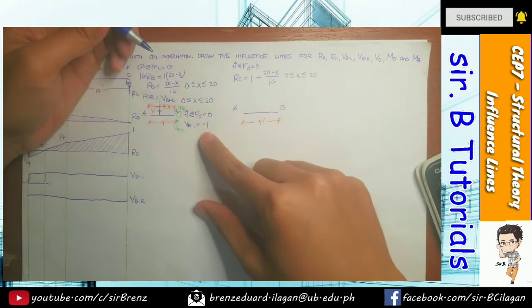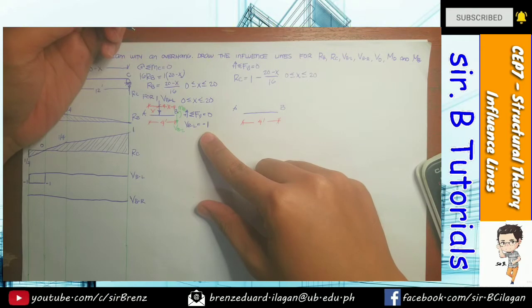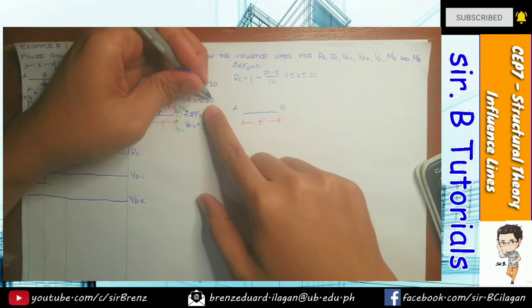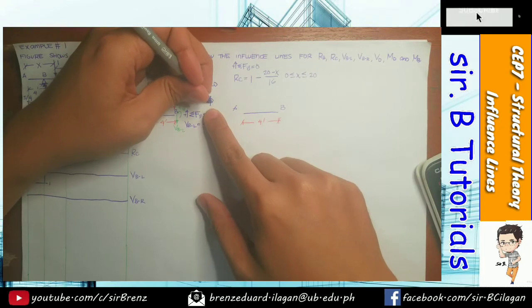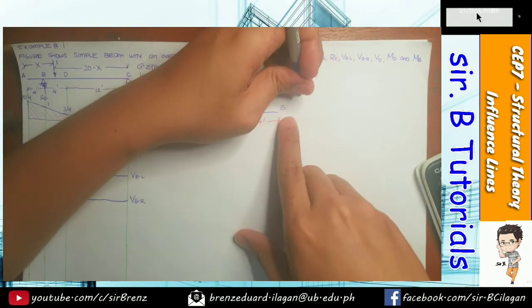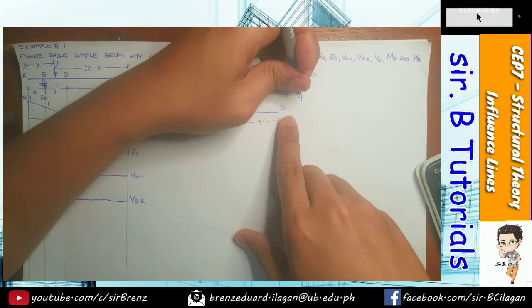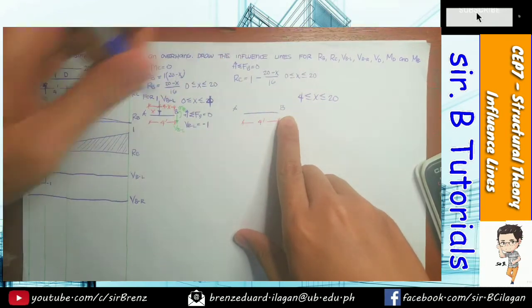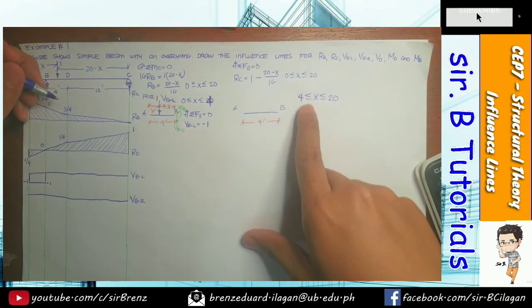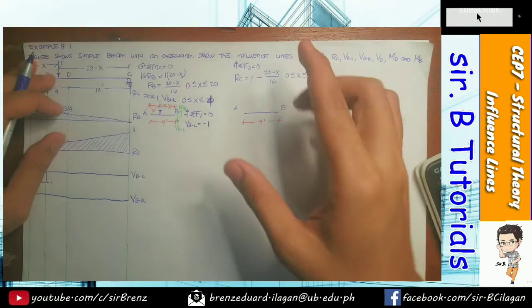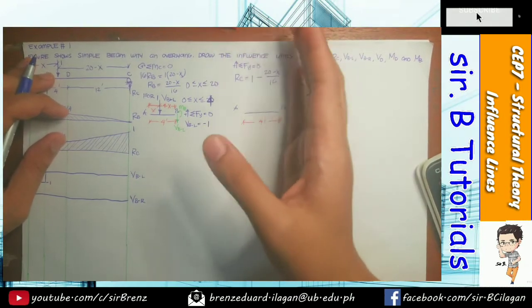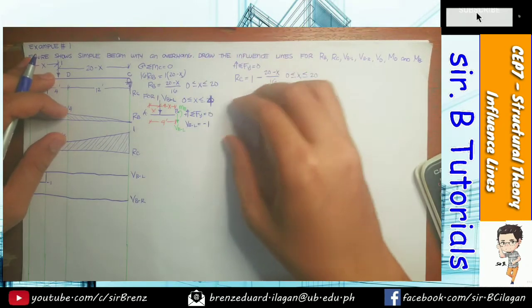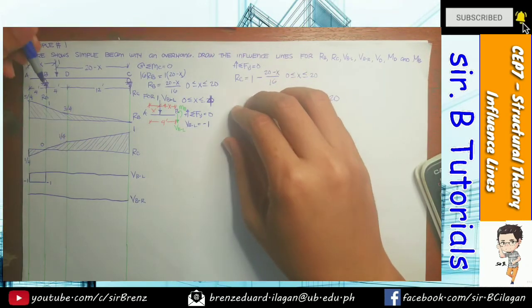Ngayon, so wala pa tayong equation for a distance of 4 to 20. So this is only applicable for distance of 0 up to the distance 4. Ngayon, gagawa naman tayo ng equation from distance 4 up to the distance of 20. So ano ba yung ibig sabihin niya dito? Ngayon, di ba since yung left portion yung kinonsider natin, itong kabilang portion, nasa na yung 1 unit load mo.